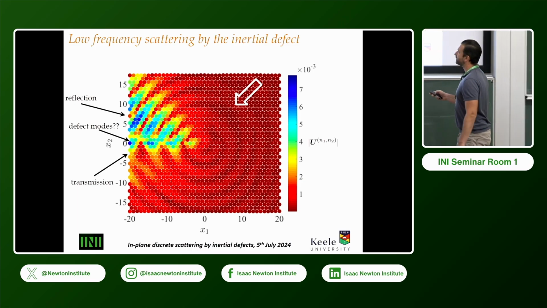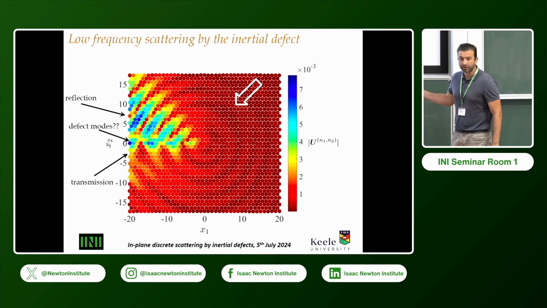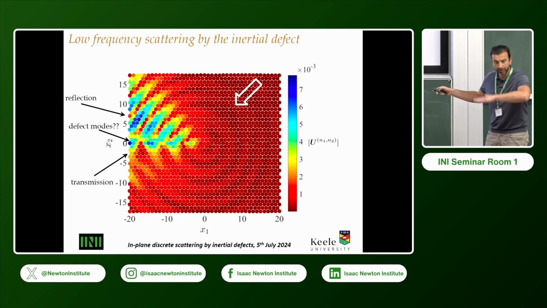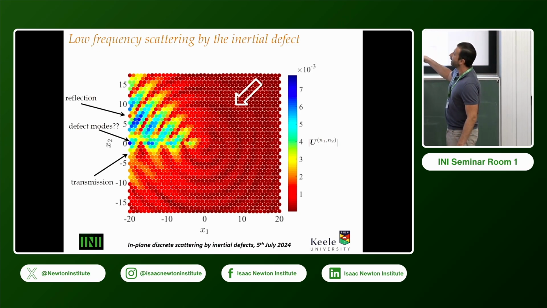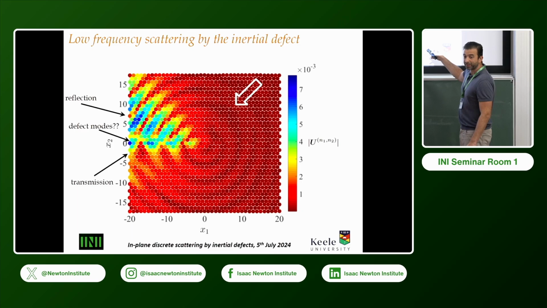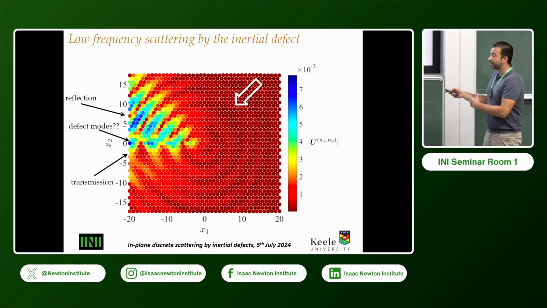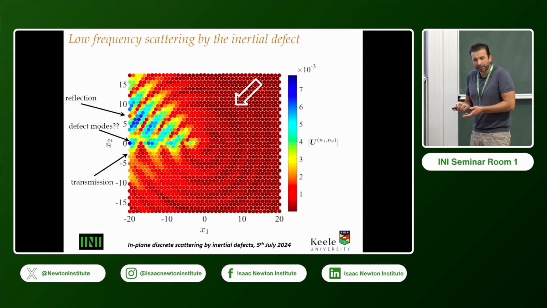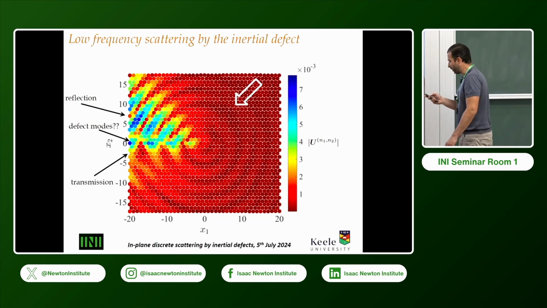And these defect modes correspond to vibrations that propagate along the defect, and which can help in enhancing transmission of the incident wave in the region below. Maybe, maybe not. You can also see there are circular wave fronts, or maybe you can just imagine that they're there. And this is what you would probably expect to see in the classical analogous continuum model for this.